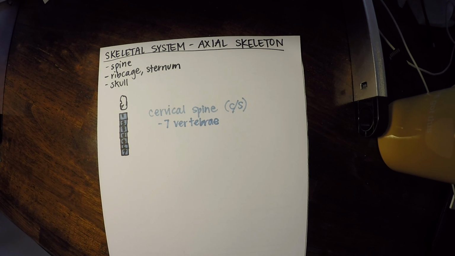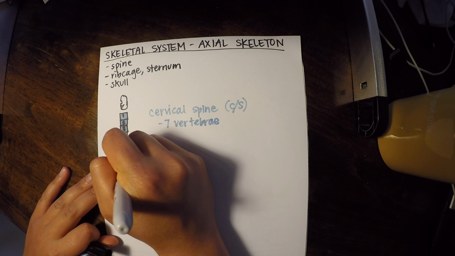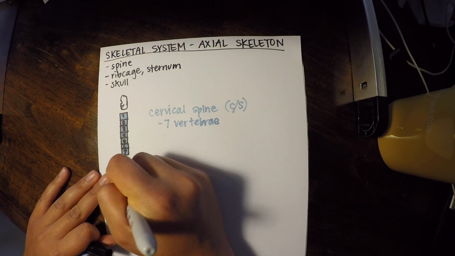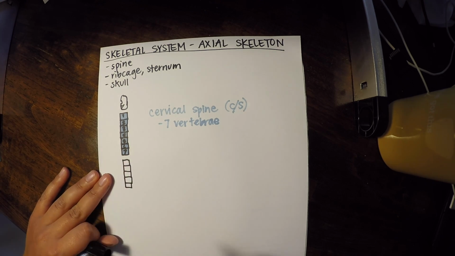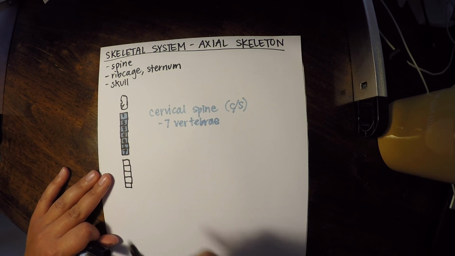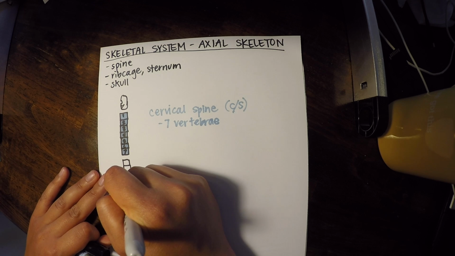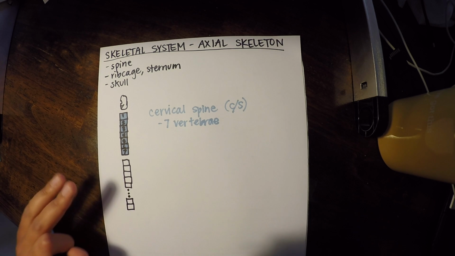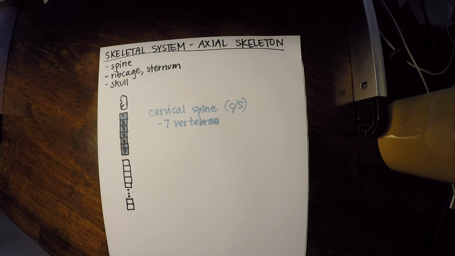So next we're going to move to something called our thoracic spine, and I'm going to draw boxes for that as well. There are 12 vertebrae in the thoracic spine, which is just too many for me to draw. So I'm going to do a little dot dot dot with a few more here at the end, just to make it a little bit easier for us.